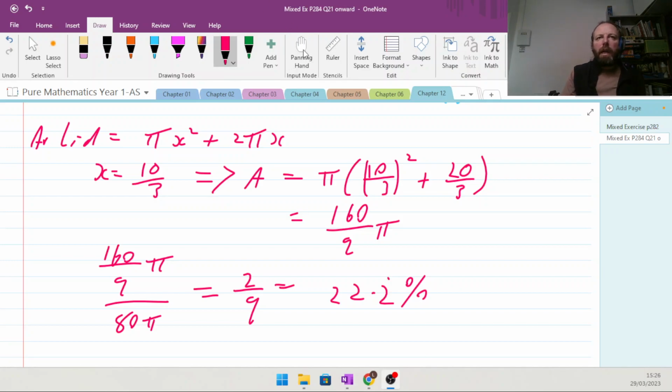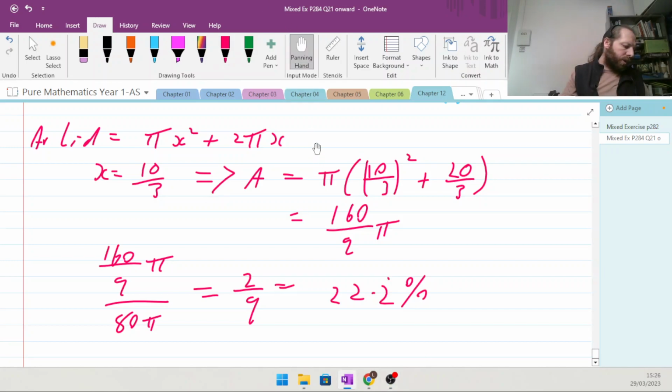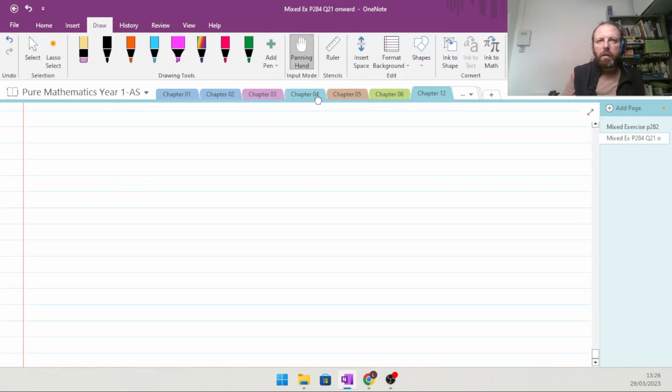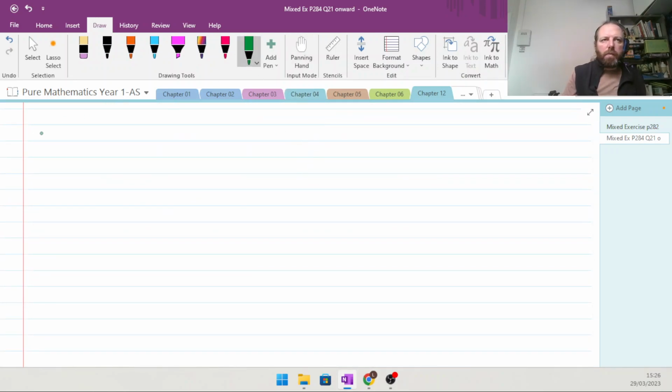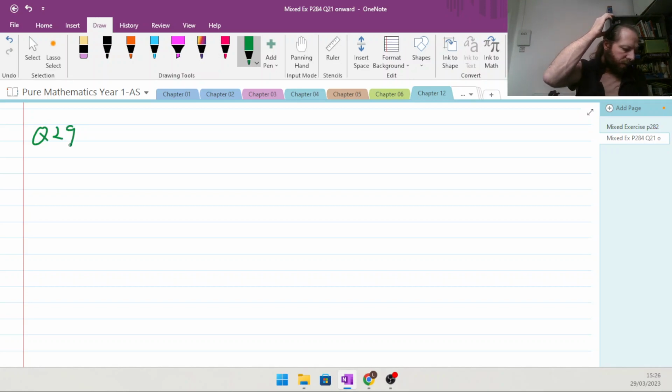Okay, now on to question 29. The diagram shows an open tank for storing water. The sides ABFE and CDEF are rectangles.